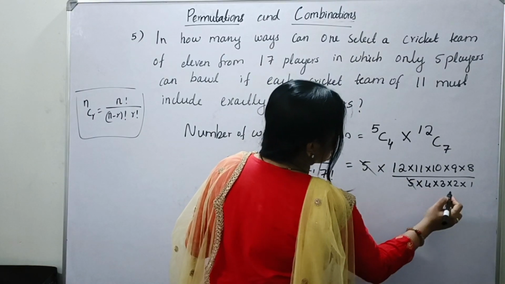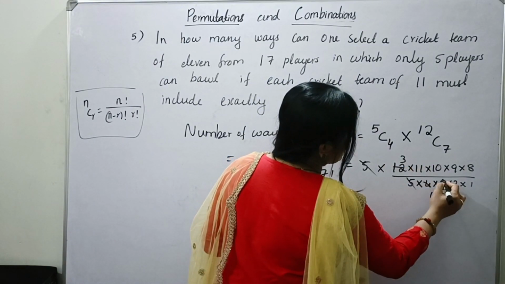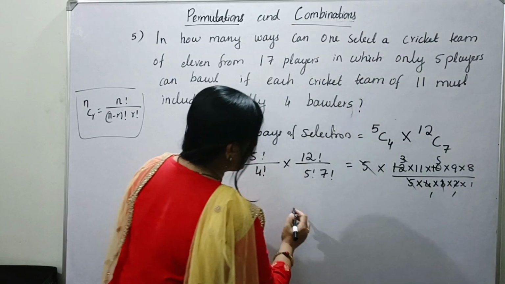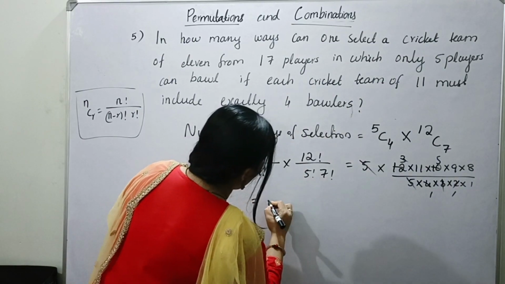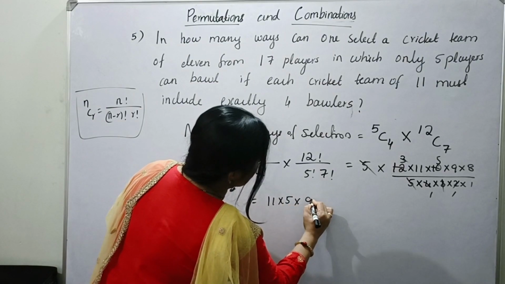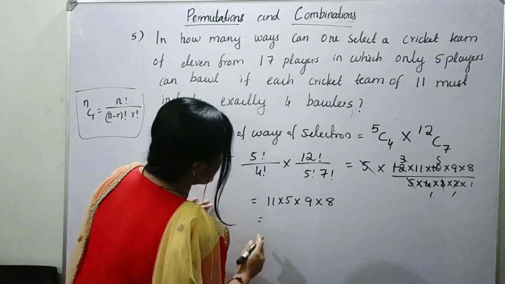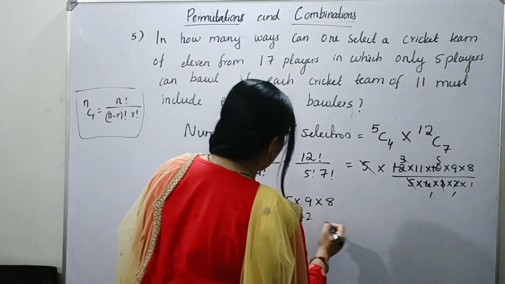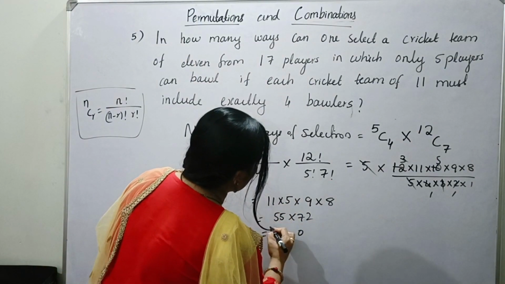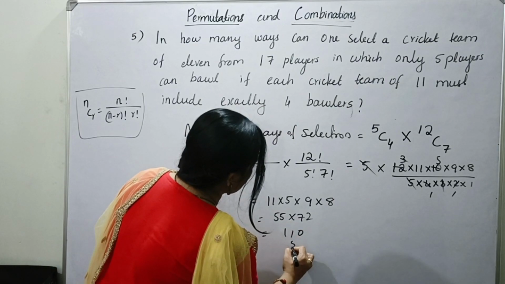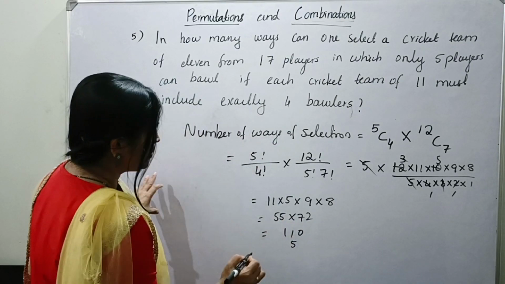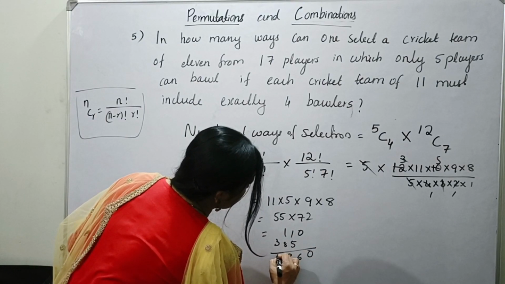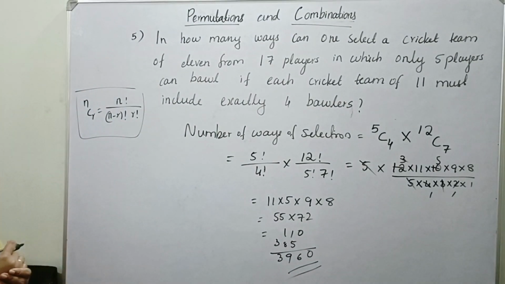So 5 cancelled, next 4 ones are 4, threes are 3 cancelled, next 2 ones are 2, fives are 10, then remaining 11 into 5 into 9 into 8, that is 55 into 72, which is 3960.